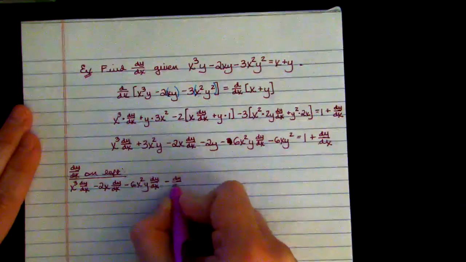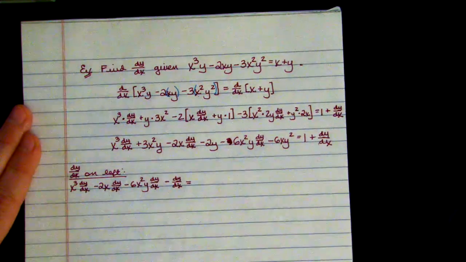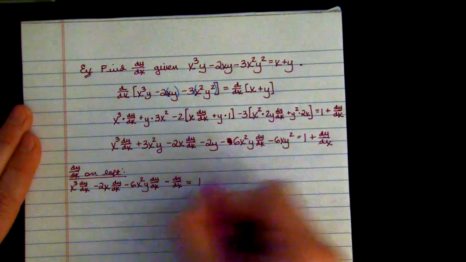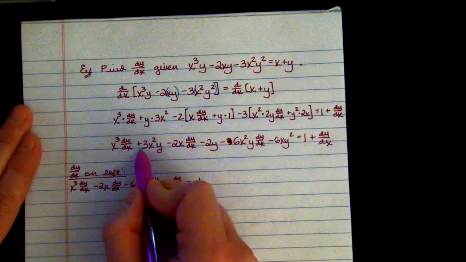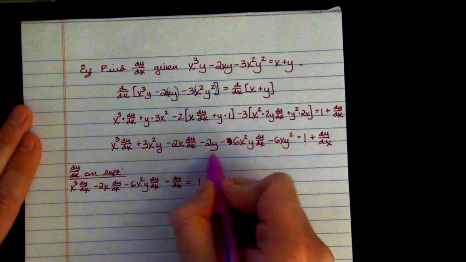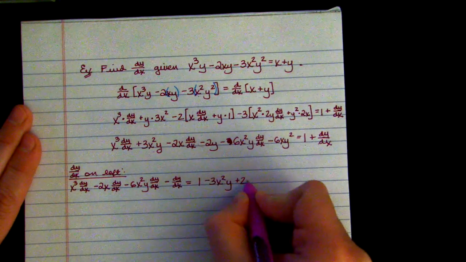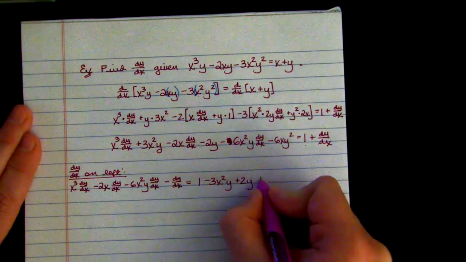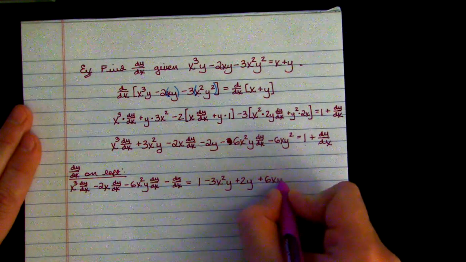If you feel like you need to show the algebra in the middle, absolutely do that. On the other side, I have a 1. This piece is going to the right, so minus 3x squared y. This piece is going to the right, so plus 2y. This piece is going to the right, so plus 6xy squared.